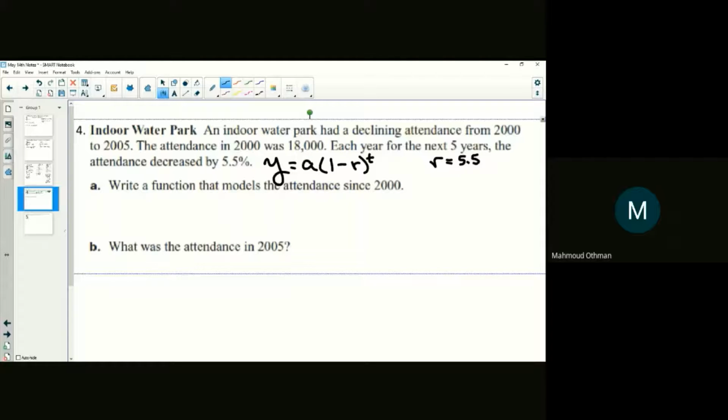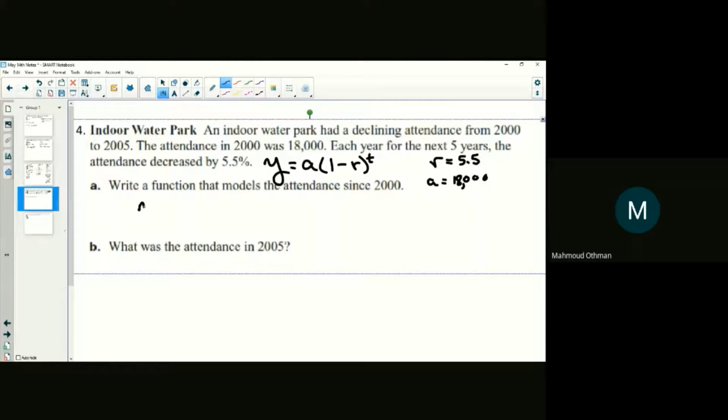Now, we also know that the starting attendance was 18,000. Okay. So that's how we're going to write our decay model.